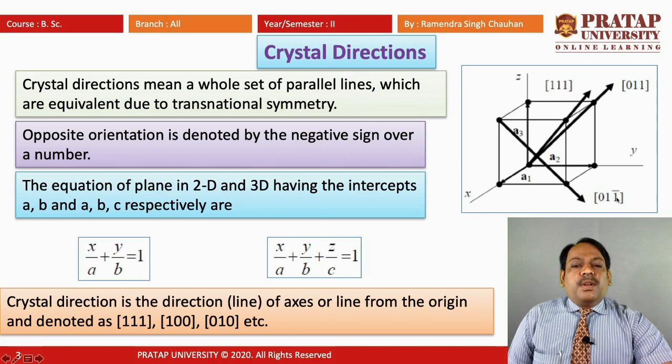Like if 1 bar is written here, it means that the intercept was -1, and for that -1 we are using 1 bar. So this is the 0, 1, 1 bar plane, and in that way we can give the directions from the origin to the particular plane.